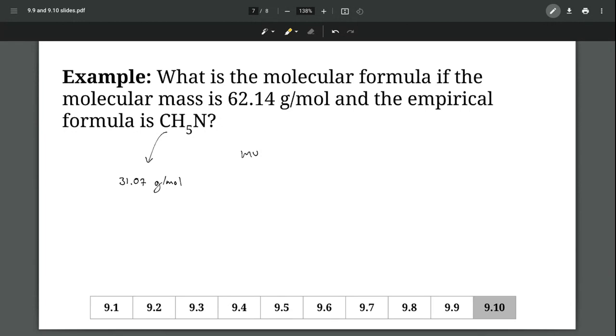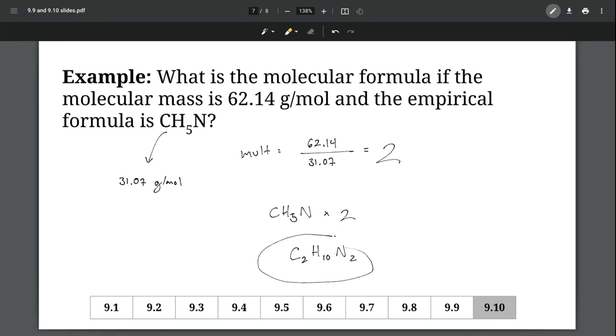To find that multiplier, let's take that 62.14 molecular mass and divide it by that 31.07 empirical mass. That's going to come out to be exactly 2. Nice numbers there. Then we're going to take that CH5N, multiply it by 2, and we get C2H10N2 as our final molecular formula.